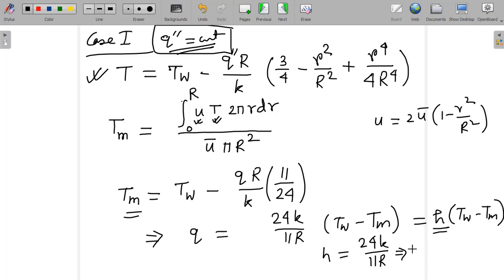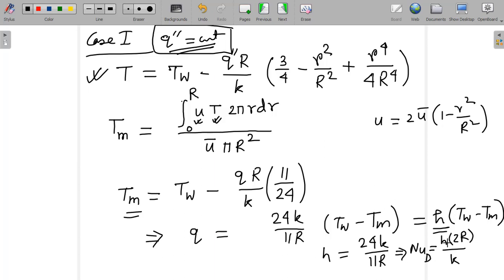If you write the expression of Nusselt number based on 2R, h into 2R divided by K, this is the Nusselt number based on diameter.